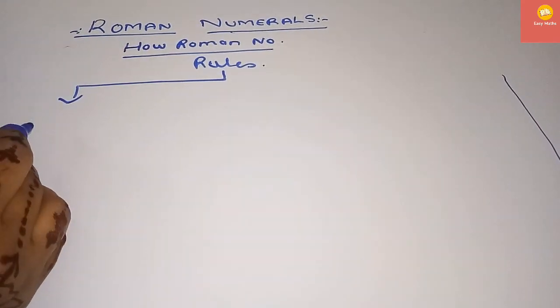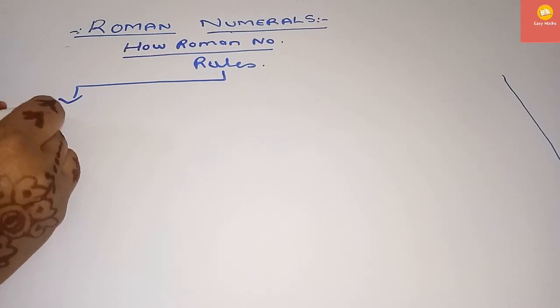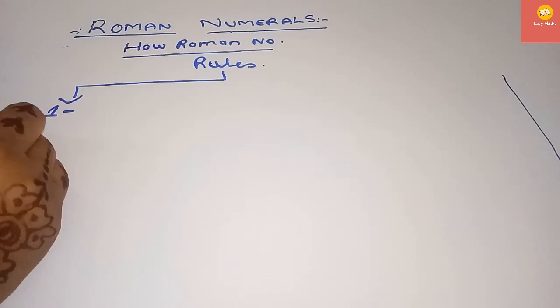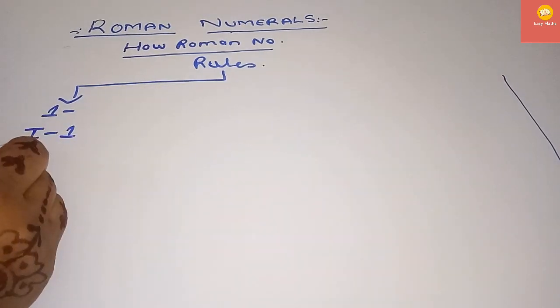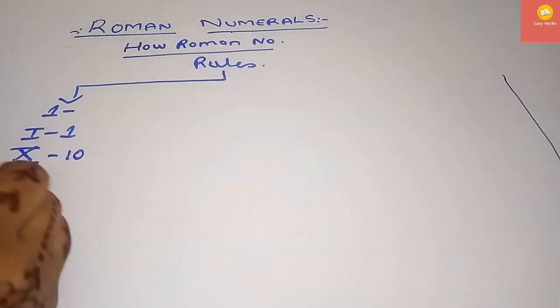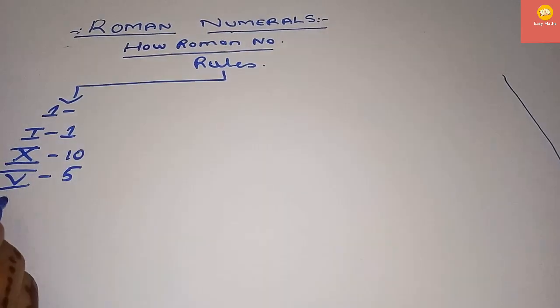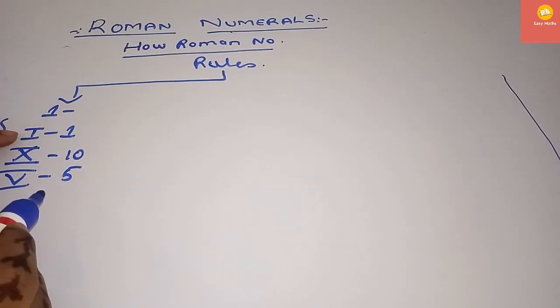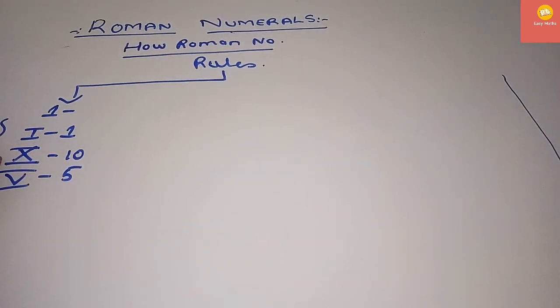Rule number 1: always remember capital I represents 1, capital X represents 10 and capital V represents 5. We have some more, but for 5th standard you need to just remember these 3 points. Rule number 1 is clear.